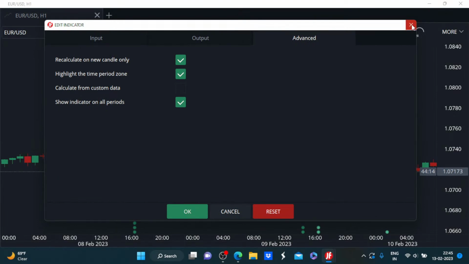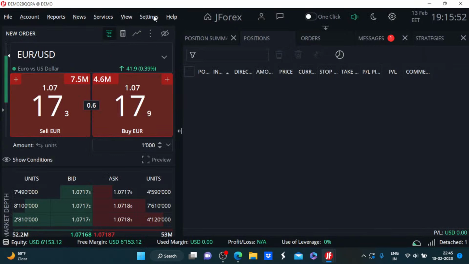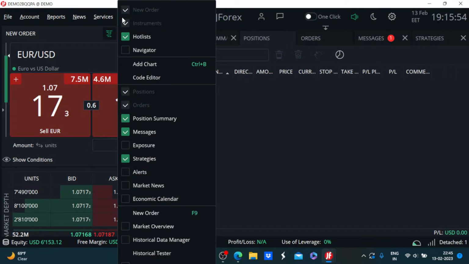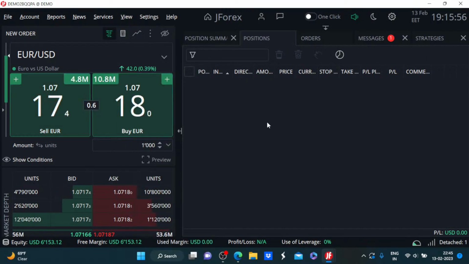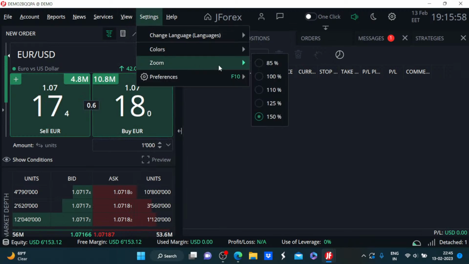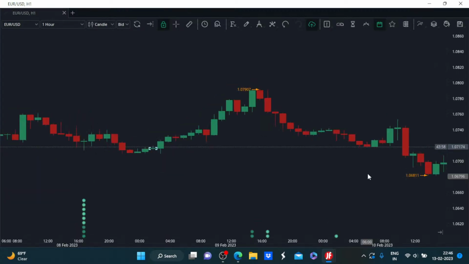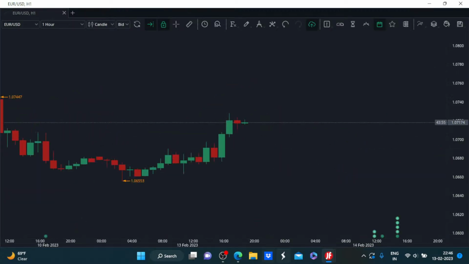There is also one interesting addition of a new feature on the platform. You can have this hot list feature on the platform. Let me zoom out and explain to you its utility, its properties.